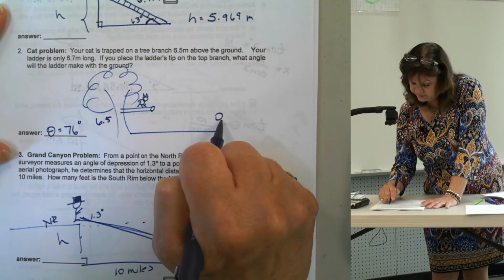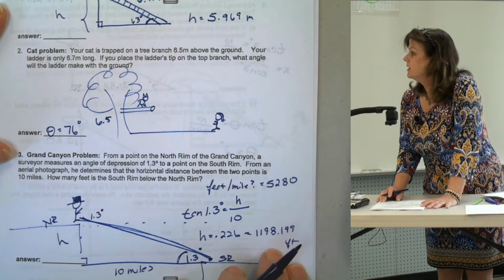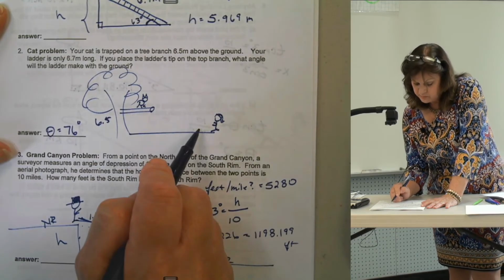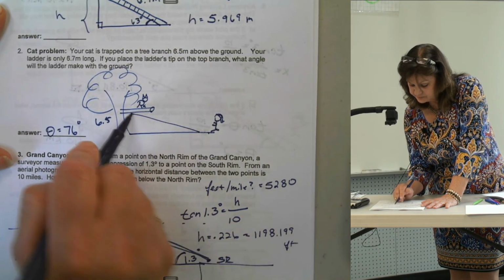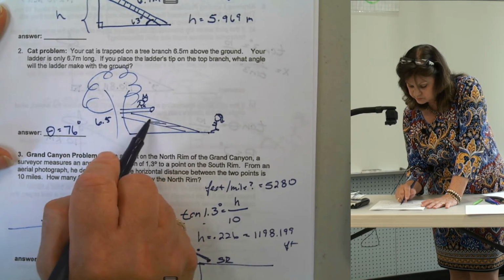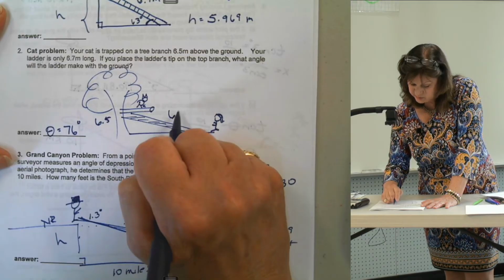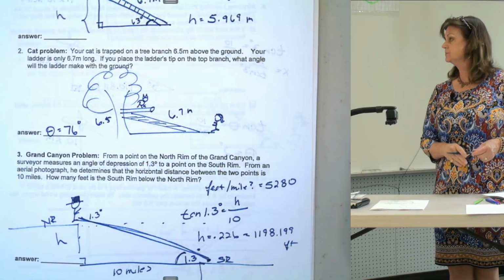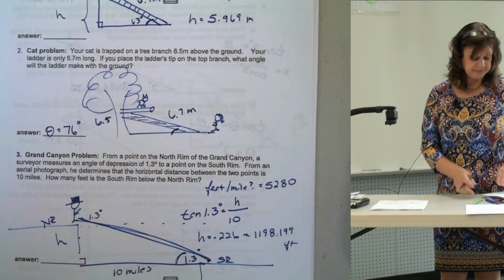You're going to be standing over here, trying to help your cat. And you've got a ladder, and you're trying to reach this cat. And your ladder is 6.7 meters. What angle should you use?